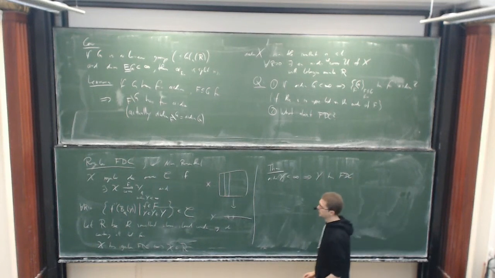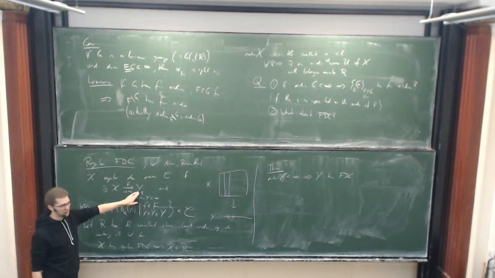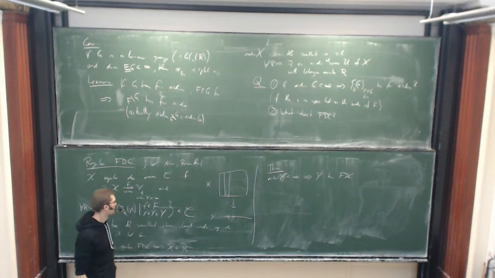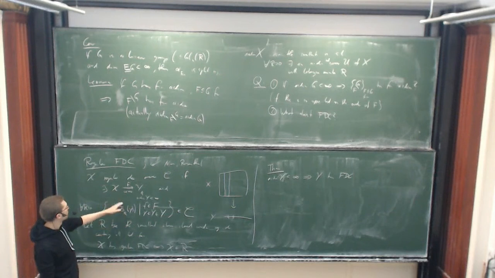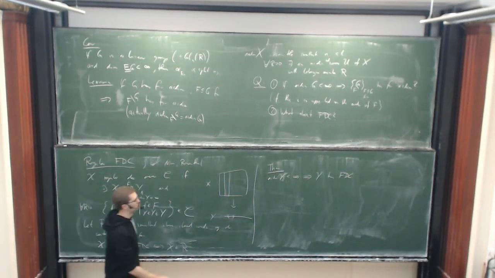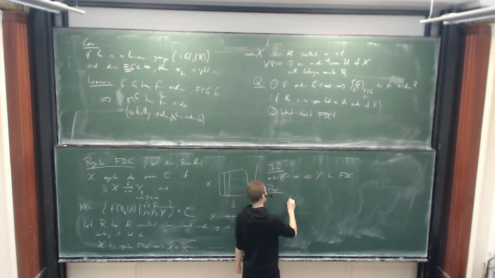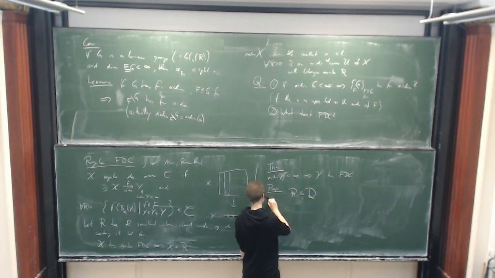So this space has FTC. And now assume C was a class of spaces with finite decomposition complexity. Then also by the fibering theorem X has FTC. So we have this proposition: R is contained in D, and the proof is fibering.